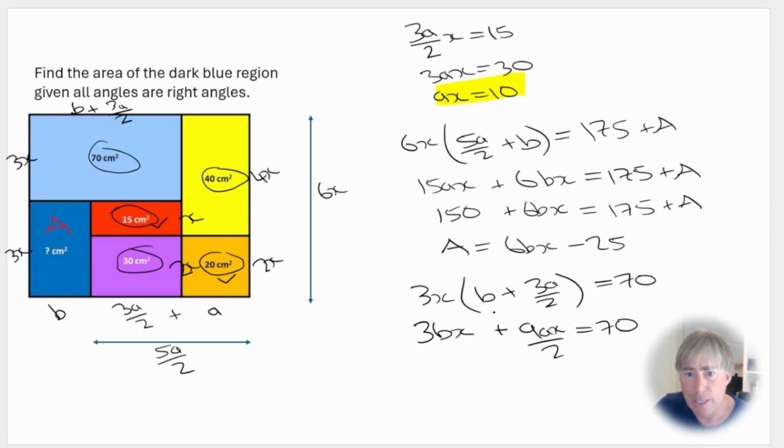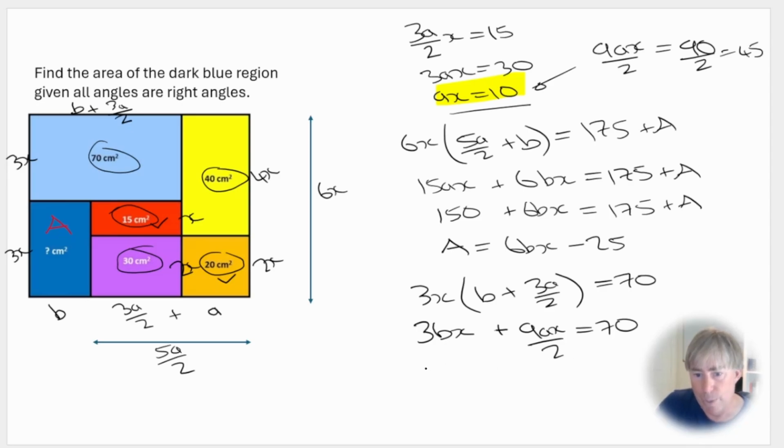So 9ax we know, using this relationship here, is going to be 9 lots of this. My 9s and 8s are starting to look similar. So that's equal to 90, so 9ax over 2 is equal to 45. So we now know that 3bx plus 45 equals 70.